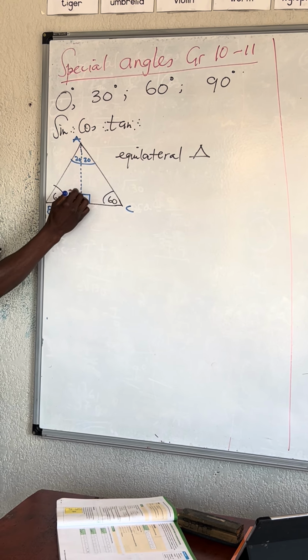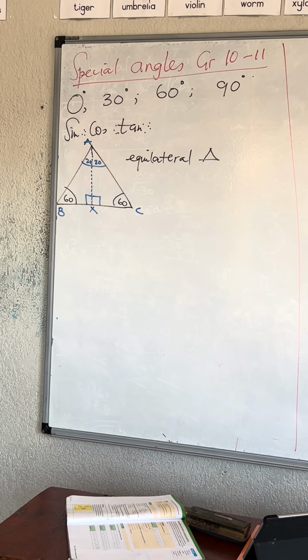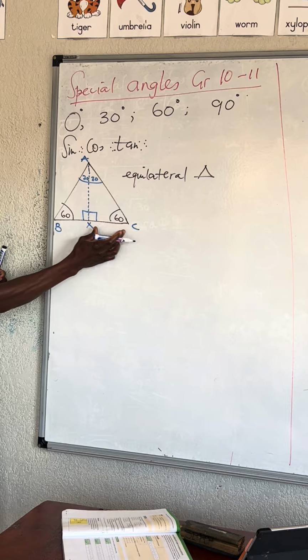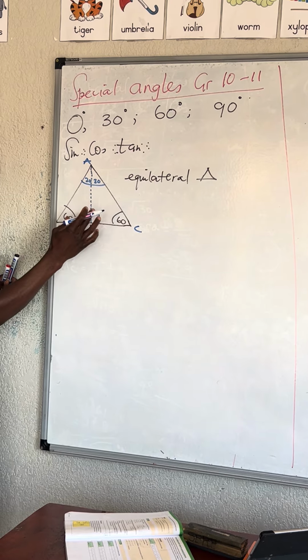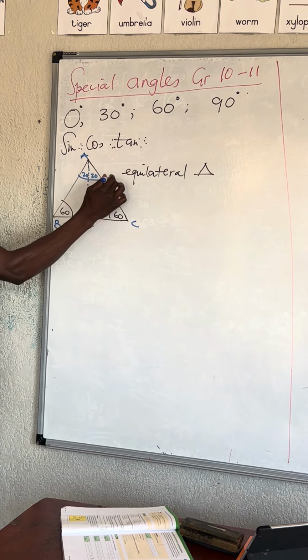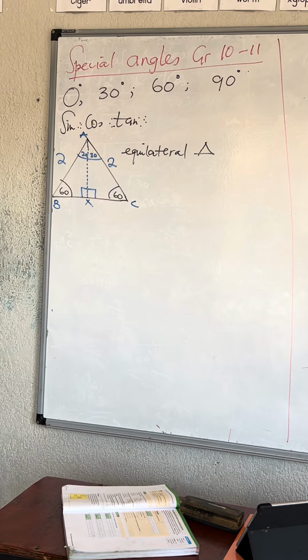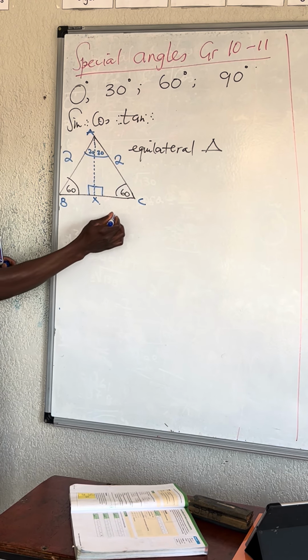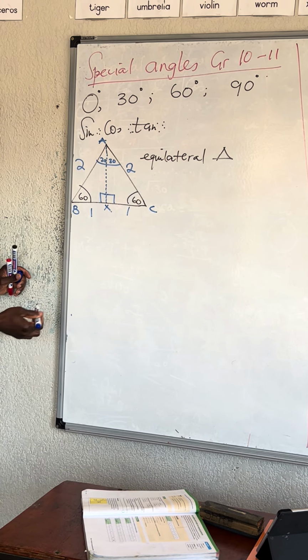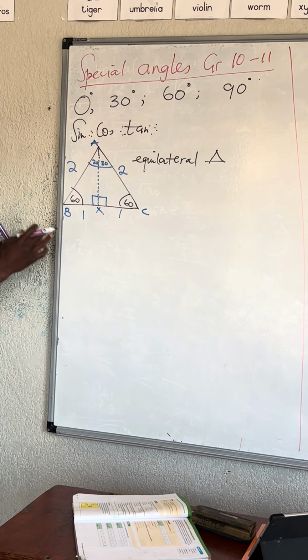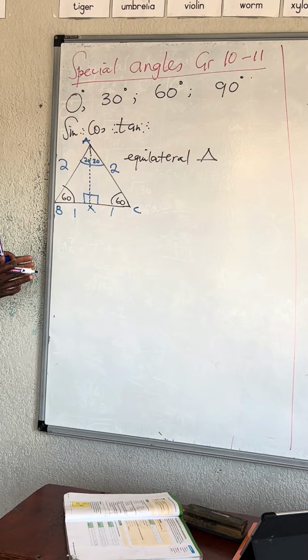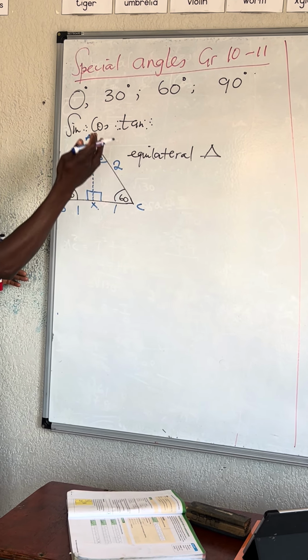This one is 90 degrees. So we are going now to deal with this part of this triangle. Let's assume that this is 2 centimeters, this is 2 centimeters. If it's an equilateral triangle, it means 2, 2, therefore this one is 1 and 1. So let's use one triangle for us to be able to deal with our special triangles.